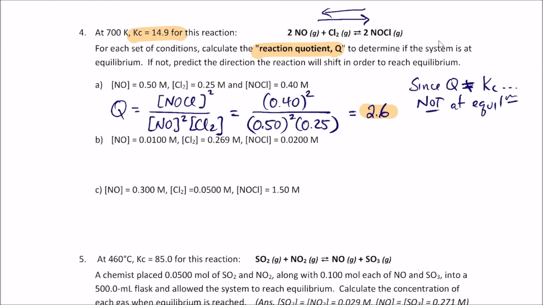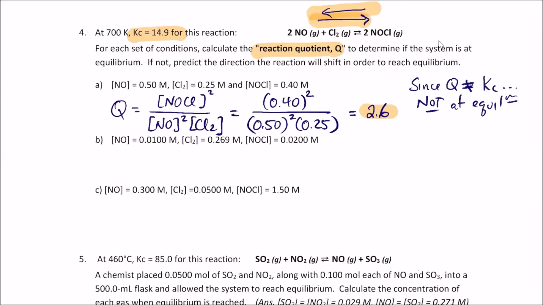But if that's all Q can do, then it's kind of weak, right? So yeah, it's not at equilibrium. But if it's not at equilibrium, is it going to shift in the forward direction to reach equilibrium, or is it going to shift in the reverse direction to reach equilibrium? How do we decide that? Well, let's be a bit more specific.